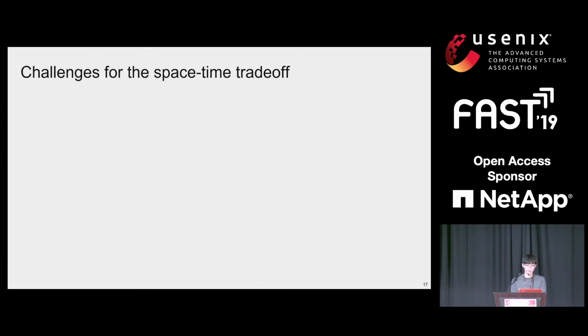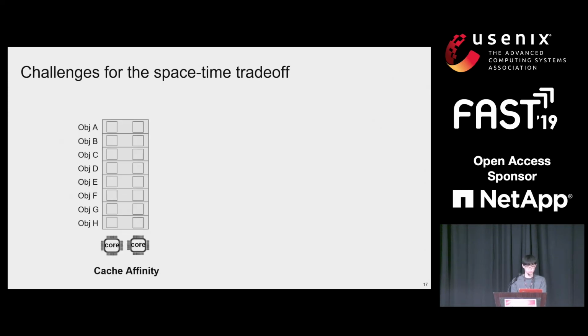Okay, let's look deeper inside the schemes to understand the core challenges to address the space-time trade-off. Let me explain the core challenges by comparing the cache affinity-based and the per-core hash-based schemes. The main question we have to ask is, why can't we reduce both the space and time overheads?